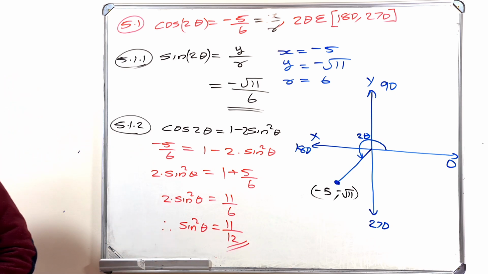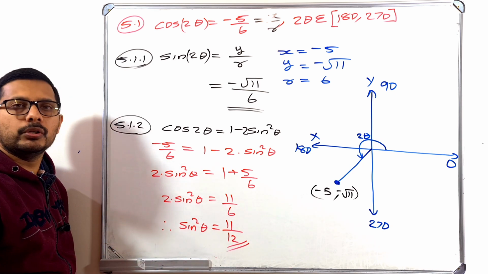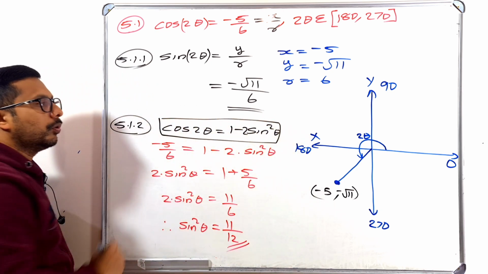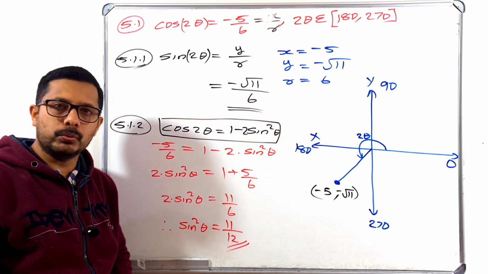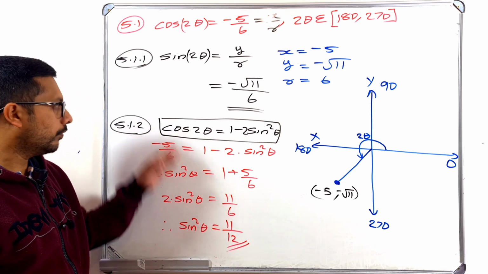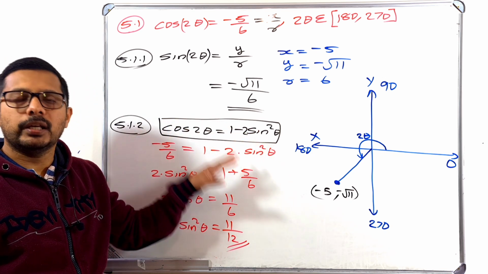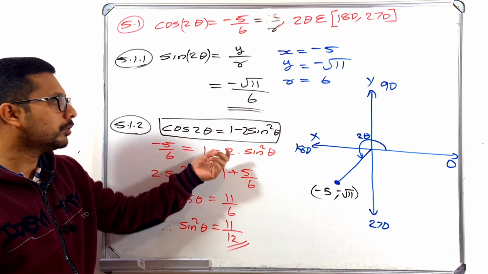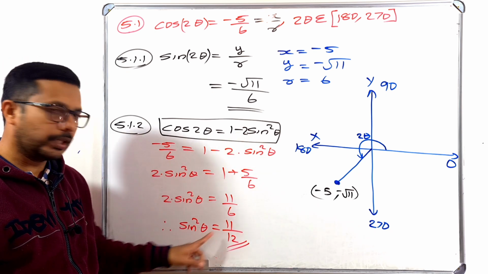Listen once more. What do you have to know to do this question? We have to know this formula: cos 2 theta is equal to 1 minus 2 sine square theta. Once we know this formula, we can do this type of question easily, just substituting the values and then finding sine square theta.